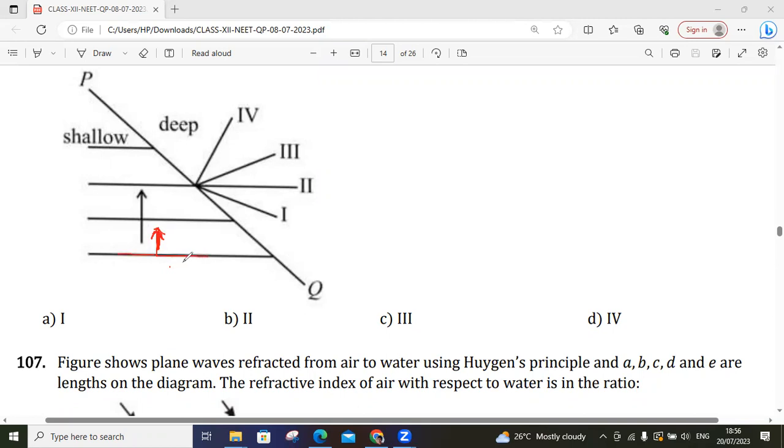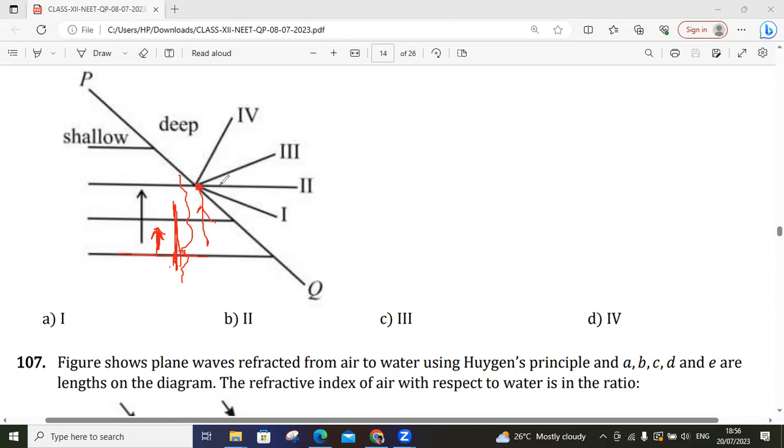This is the wavefront. Wave propagation will be perpendicular to the wavefront. So waves are going like this. You can imagine water is going like this. So crest will be moving like this. Crest or trough or any locus you take, the wavefront will be moving in this direction. So the wave is moving like this, right?